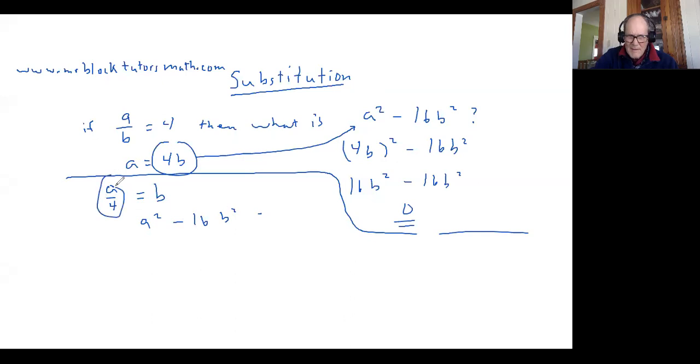So we'll take that a over 4 and plug it in here. Now we get a squared minus 16, a over 4 squared, a squared minus 16 times a squared over 16. The 16's cancel. A squared minus a squared is, again, 0.